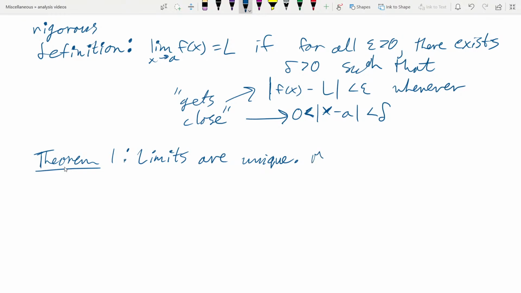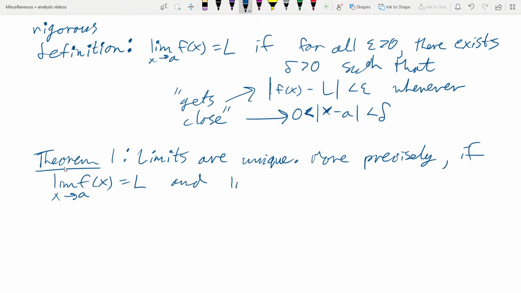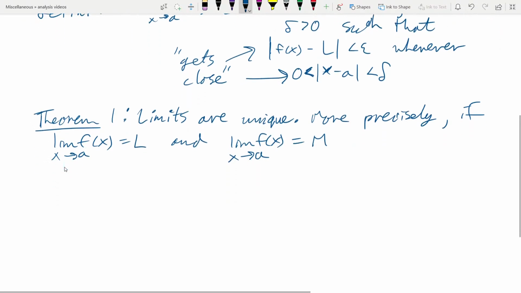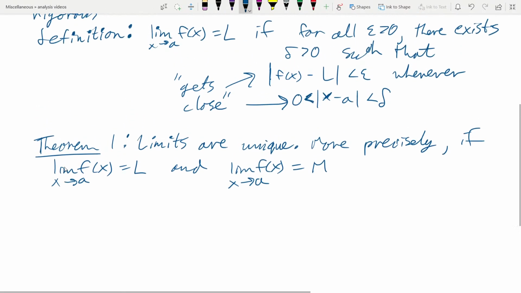More precisely, if the limit of f of x as x approaches a is equal to L, and the limit of f of x as x approaches a is equal to m, for whatever m, and m is not necessarily equal to L. They're not equal a priori.